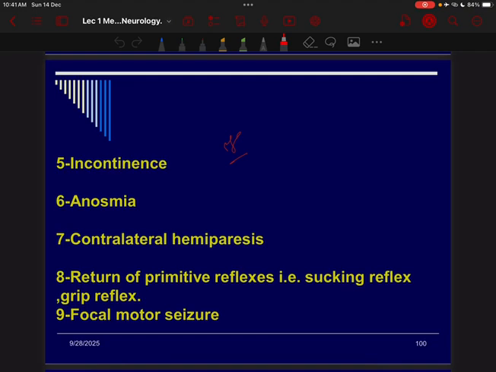We come to the parietal lobe, which is integration of sensory information. The dominant parietal lobe causes language disorders and calculation disorders.